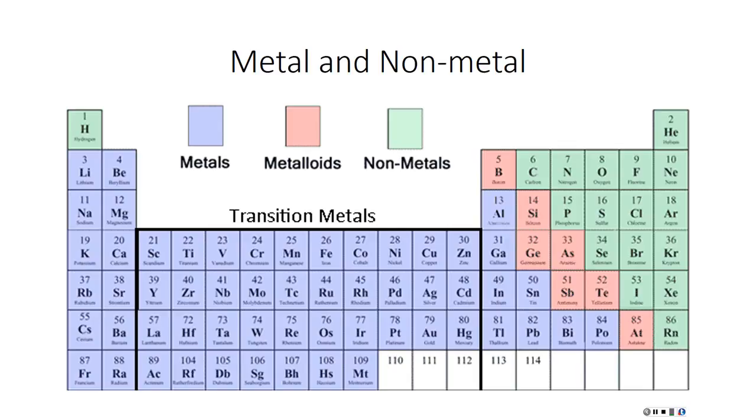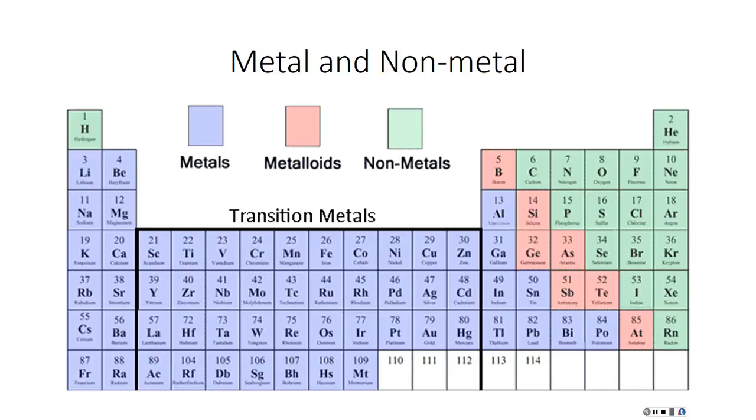Metalloids are halfway between the two. If a metal is shiny, and a nonmetal is not shiny, a metalloid is kind of shiny. Metalloids are the ones touching the line itself: boron, aluminum, silicon, germanium, and so forth. They don't have aluminum marked there as a metalloid, but I think that's a mistake on their part.